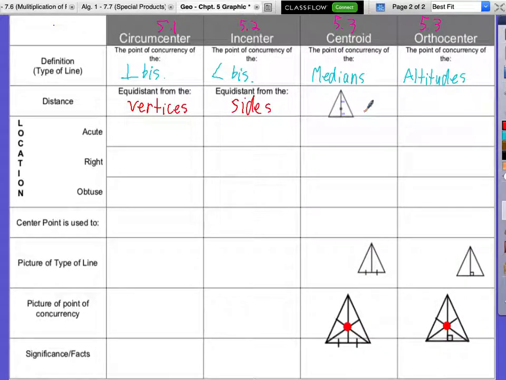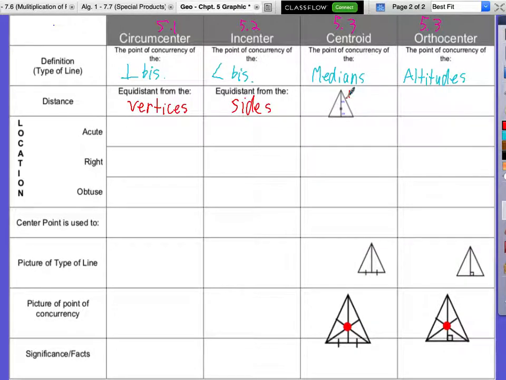Two-thirds of the distance. Okay, so the centroid is where we have the 1/3, 2/3 rule.